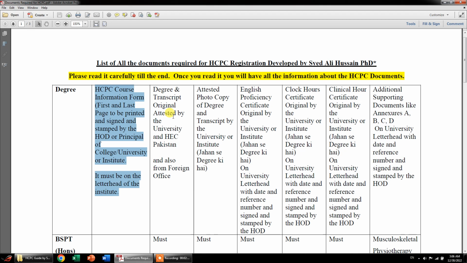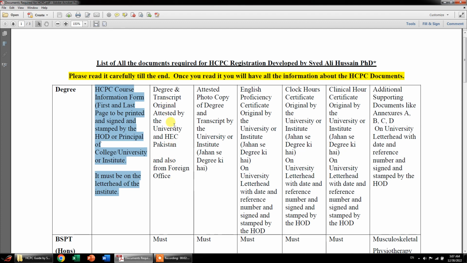You can take an appointment from the HEC online and then get these attested and verified from HEC. After that, you also need to get your degrees stamped from the Foreign Office. This is important because if you have to present your documents, it is better to have these done.